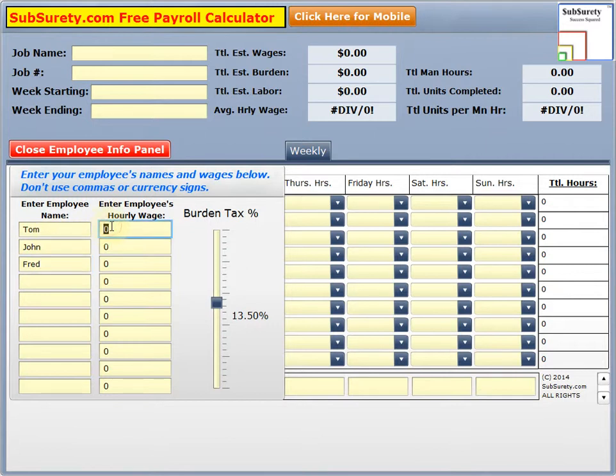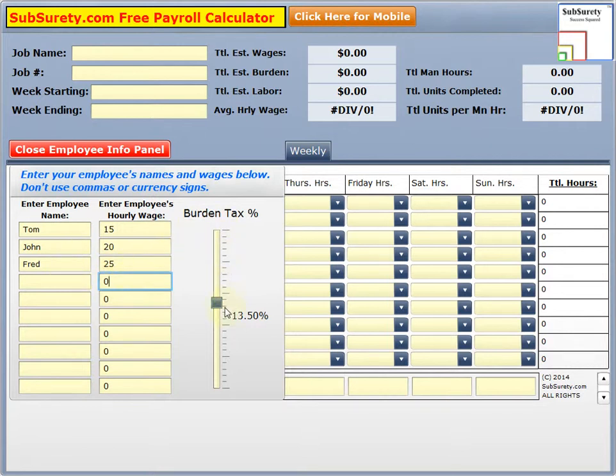So let's say that Tom makes $15 an hour. I don't have to put any commas or dollar signs or anything else like that. Again, that's common throughout all of our calculators when you see a yellow box. John makes $20 an hour and Fred makes $25 an hour. Okay. So I'm done with that.